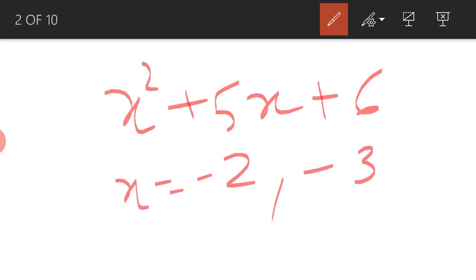So how many zeros are there? 2 zeros are there. And those are minus 2 and minus 3. So can we obtain or guess these values from the constant term? We say yes. What is the constant term? ab. So what are the possible values of zeros? Those will be factors of 6. And you have to consider both the values, plus and negative values.